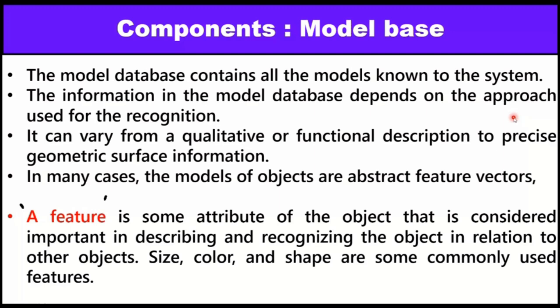The features can be qualitative as well as quantitative. Many times we will say that particular thing, that is, the texture is smooth, yes or no. Or many times a functional description will be available: presence of threads, absence of threads, or presence of a particular part or absence of a particular part.